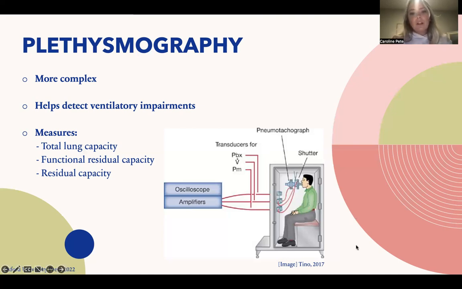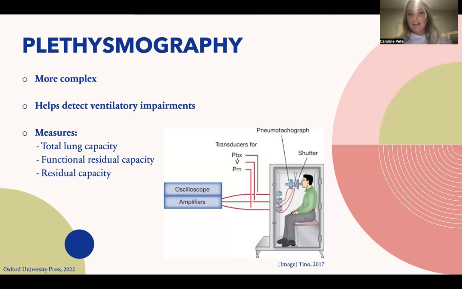After completing a normal expiration, they will be asked to pant into the mouthpiece, which will alter the mouth and box pressure. When a patient blows into the mouthpiece, the pneumonotachograph, labeled right here, measures the flow and volume.